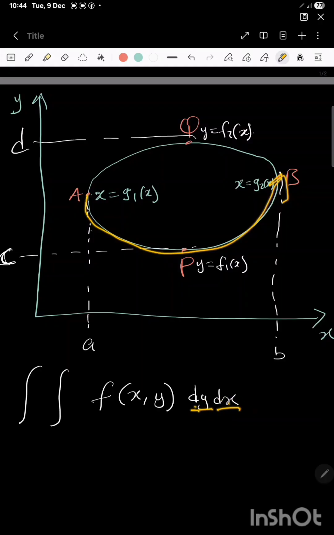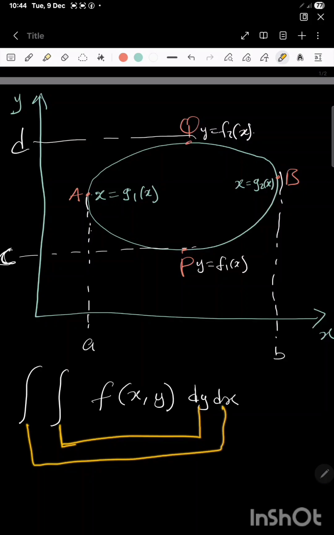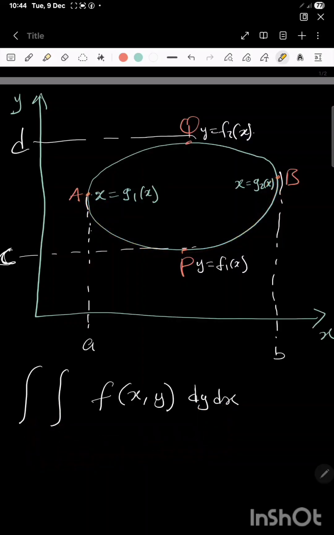Now if we have dy dx, meaning that we are taking the first limits here to be for y and the other limits here are for x. Now how do we get the limits if a particle is moving from A to B? Because this is the route that we are taking. If you are moving from A to B and we want to get the limits of x first, what will be the limits of x? I think you're able to see the limits.